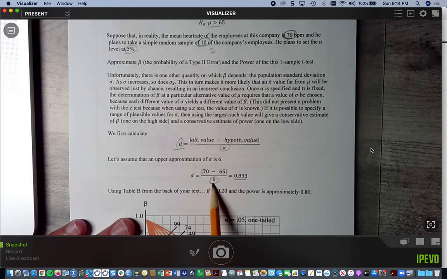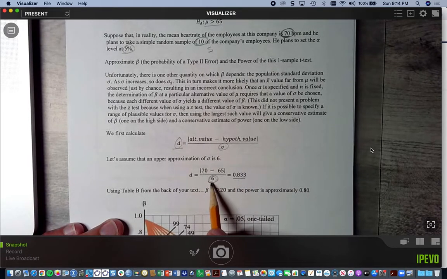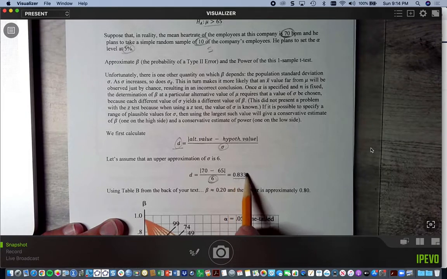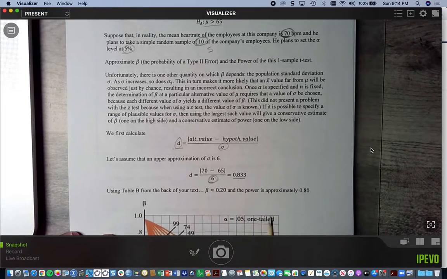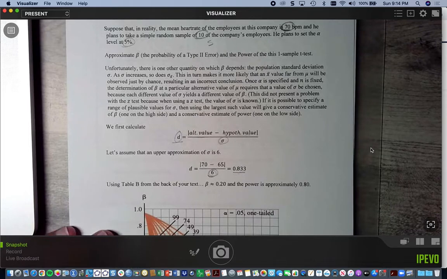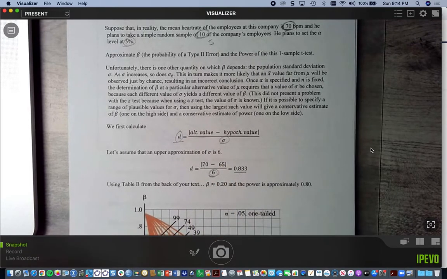The standard deviation on the bottom controls how compressed our graphs are. If this is a big number, we're going to end up with a smaller number over here. So the larger this number is, the smaller this number is going to be, and the higher beta is going to be.